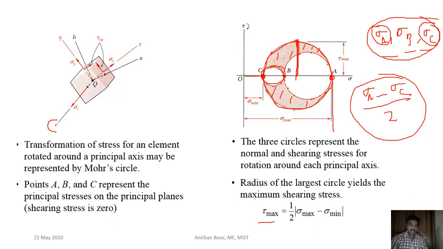So that is why tau max is equal to half of sigma max minus sigma min. In this way it is also possible to find the maximum shear.